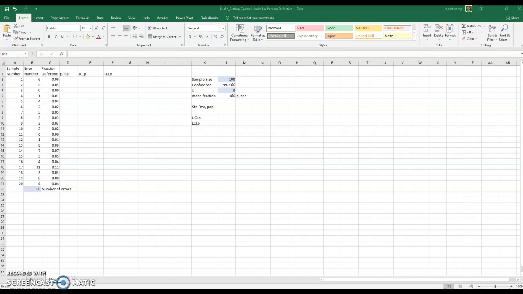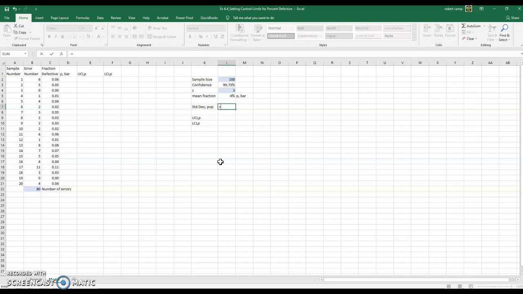The next thing we want to do is calculate the standard deviation of this population. We go back to our notes in business statistics, and we can also look at the notes in our book now. What is the equation for the standard deviation of a population when we're dealing with percentages?